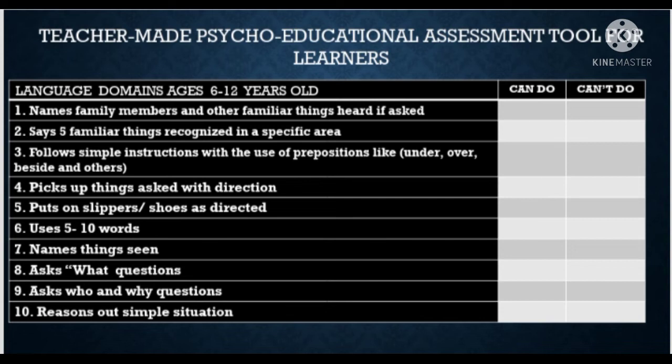Picks up things as directed. 5. Puts on slippers and shoes as directed. 6. Uses 5 to 10 words. 7. Names things seen. 8. Asks what questions. 9. Asks who and why questions. 10. Reasons out simple situations.